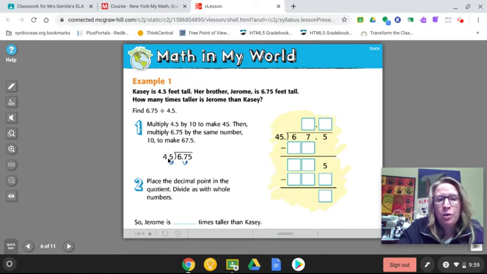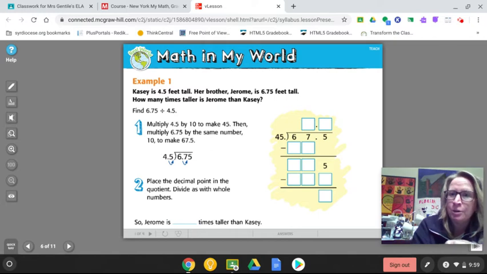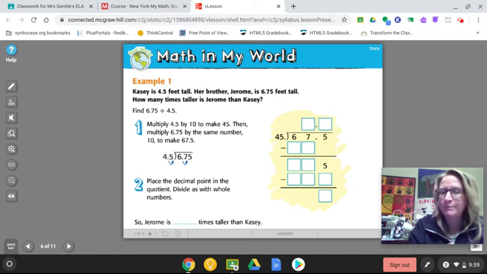Okay, so we have 4 and 5/10. So we know by multiplying by powers of 10 that we multiply 4 and 5/10 by 10. You don't need to rewrite it and multiply 4 and 5/10 by 10. Remember our decimal dog? When you multiply by a power of 10, you move that decimal to the right the number of zeros in the power of 10.